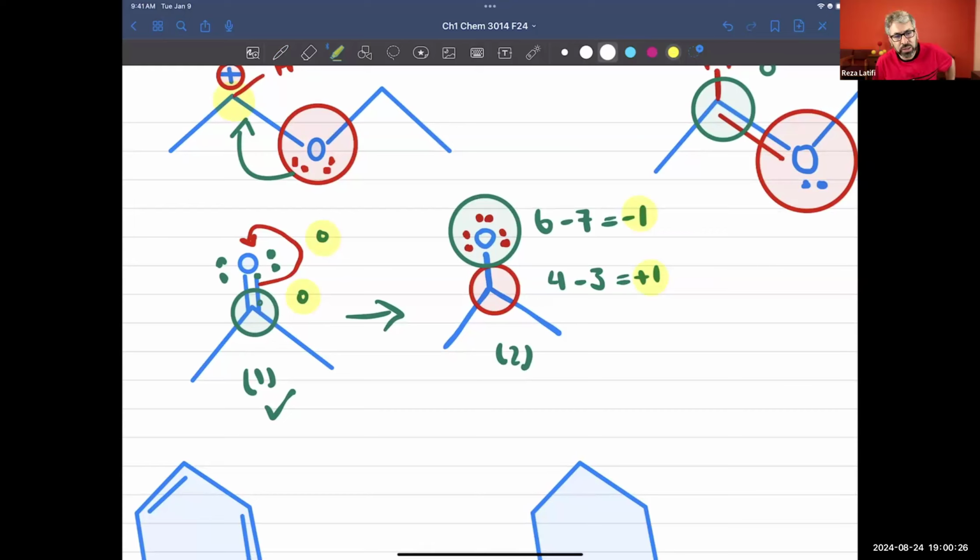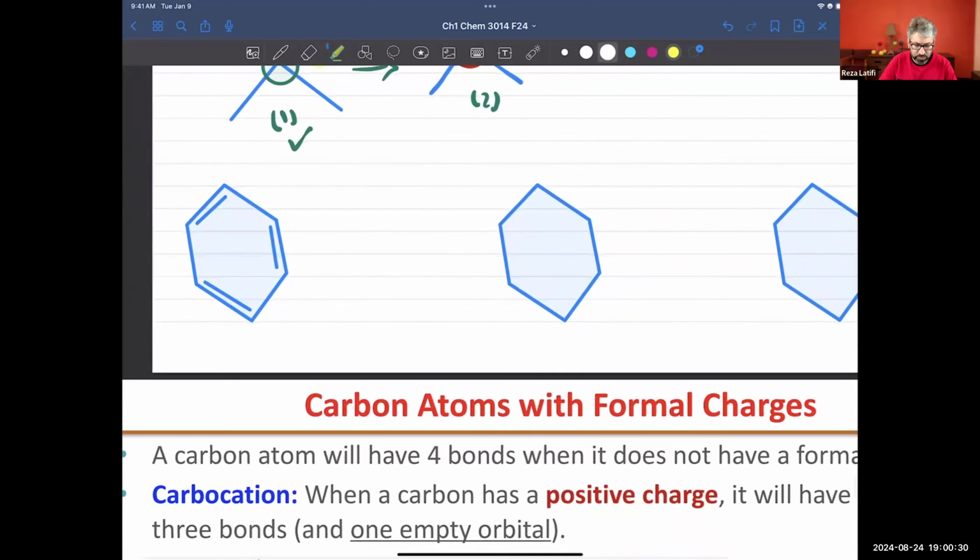In the last structure, we have pi bonds, technically 3 pi bonds. This is equal to carbon attached to hydrogen, carbon attached to hydrogen, carbon attached to hydrogen.